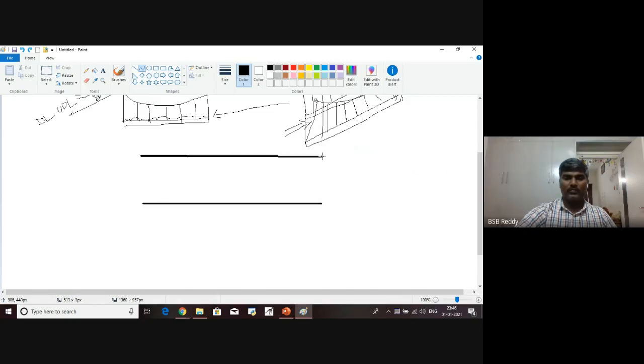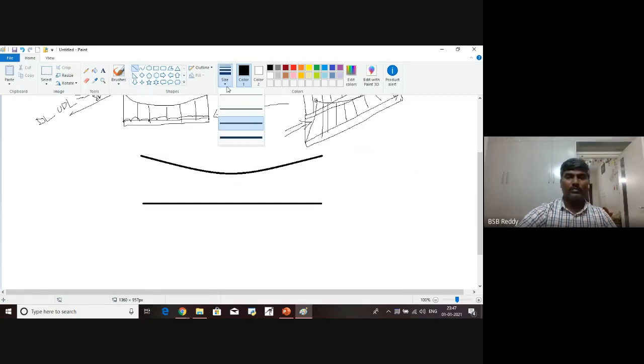There has to be some way to just lock it down. Okay, that's how it is. Right. So this is how the cable is.